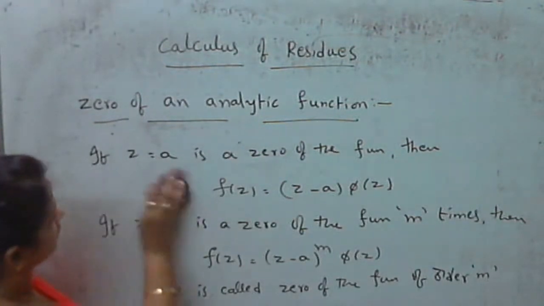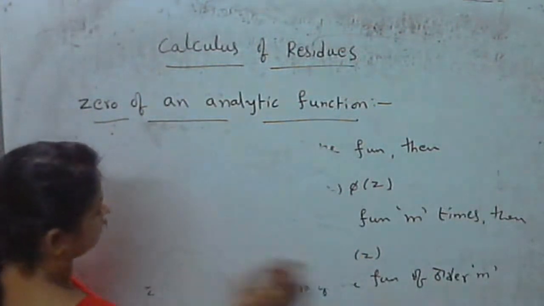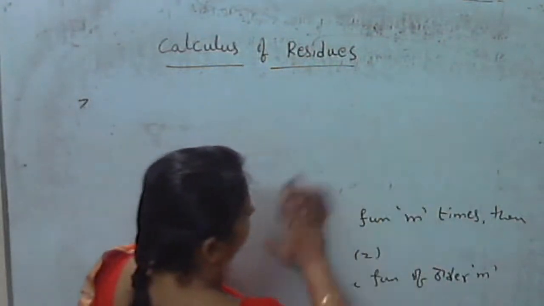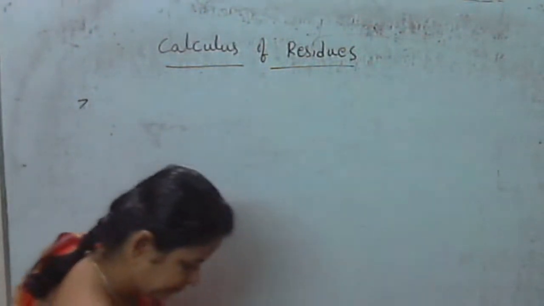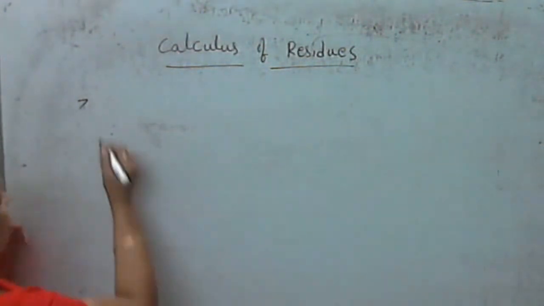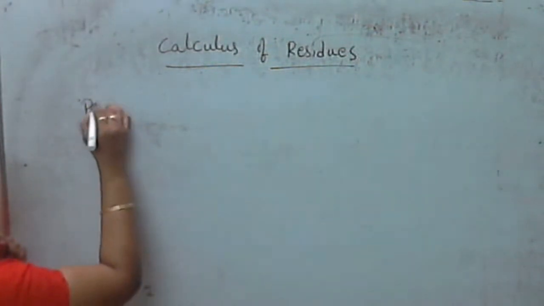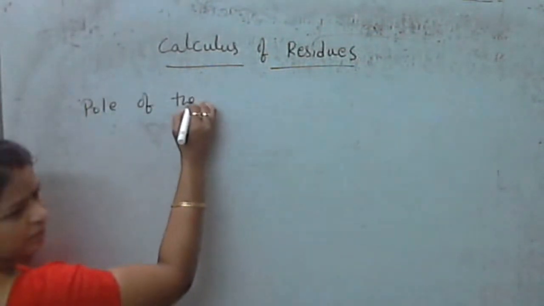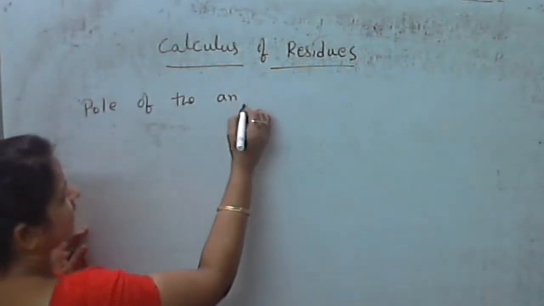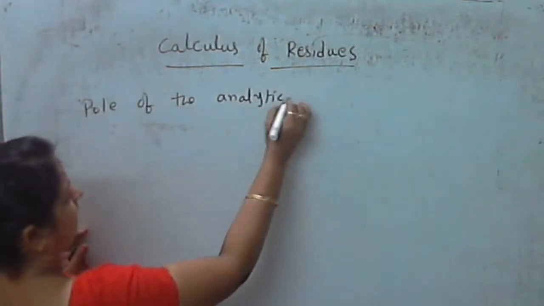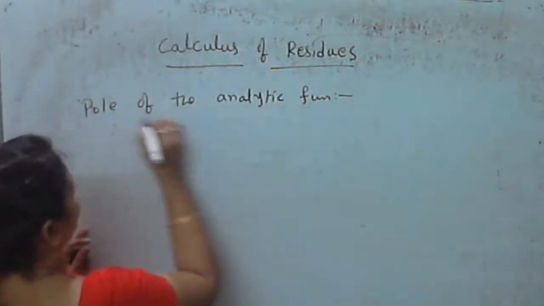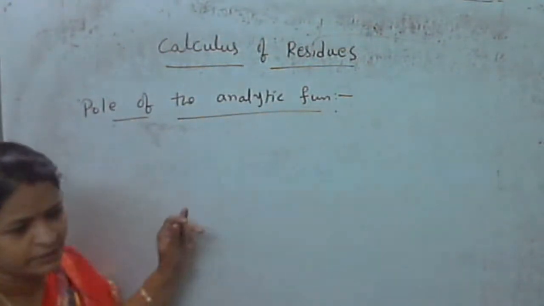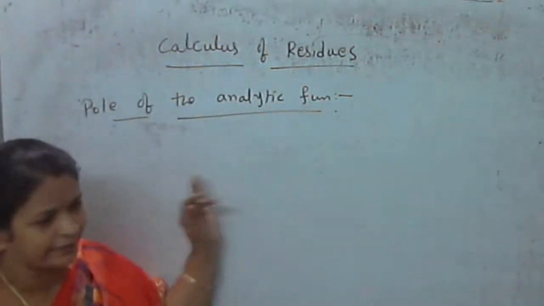Next, pole of the analytic function. A pole is a point at which the function is not analytic.